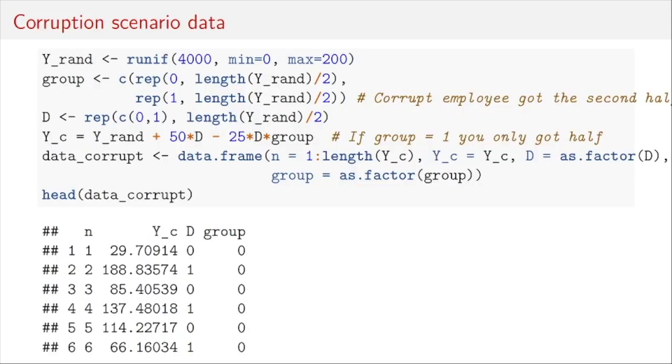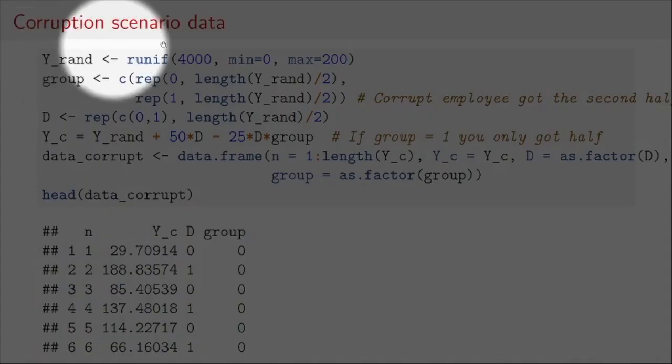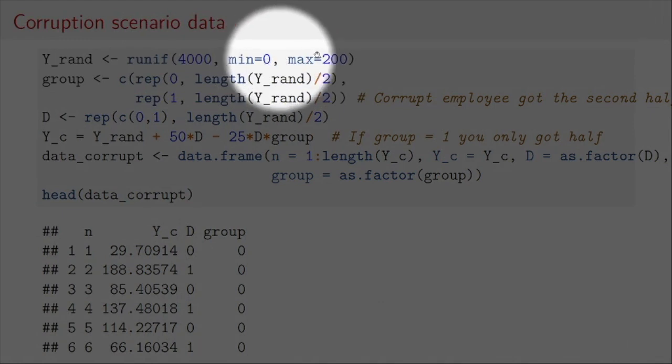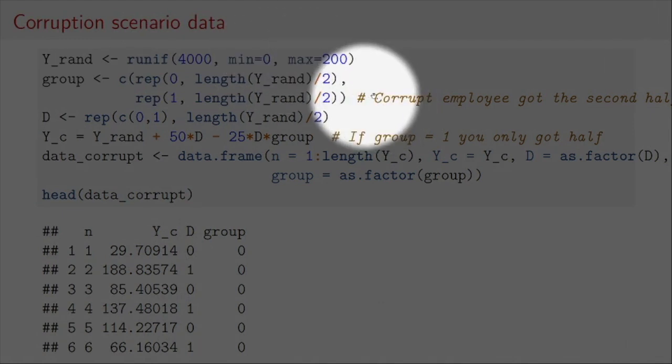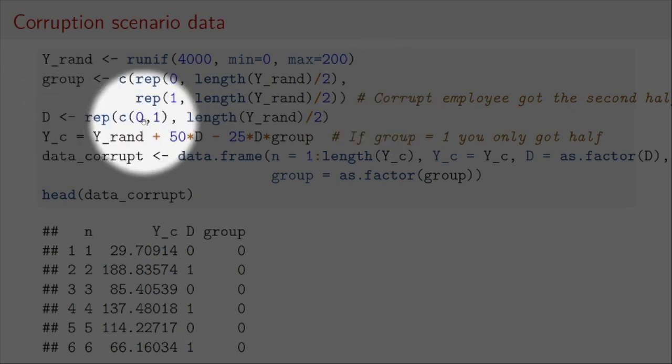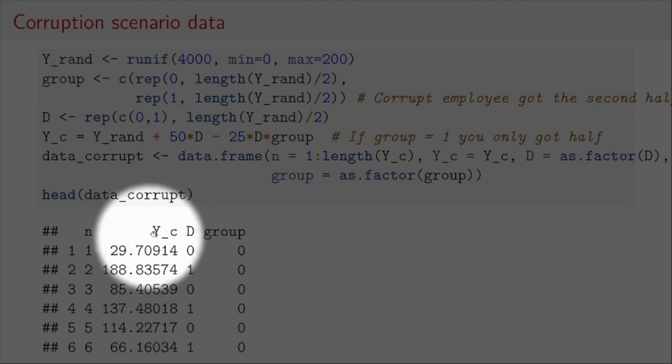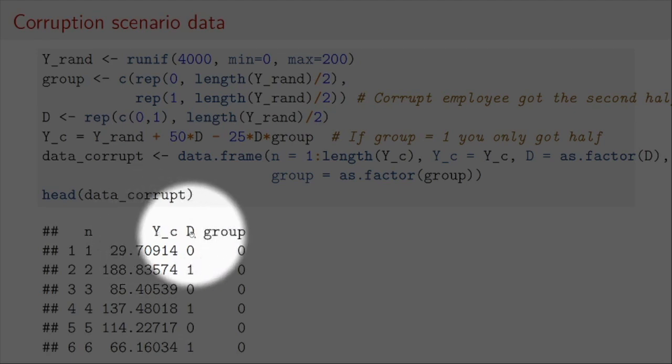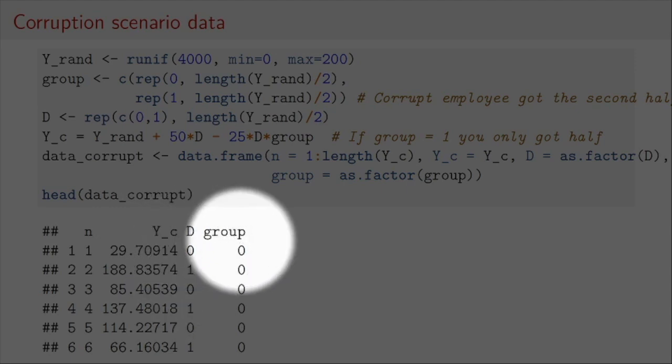So here we construct some data to simulate this corruption scenario. You still have people with incomes between 0 and 200. The corrupt employee is distributing in the second half of the sample, and the treatment dummy still goes to every other person. So now in our data, we have the incomes after the treatment, the dummy for the treated and the non-treated, and the group, which tells us whether the honest employee or the corrupt employee gave you the treatment.